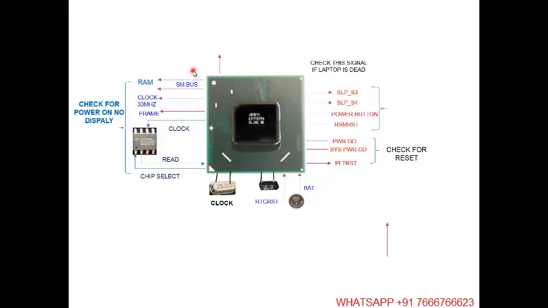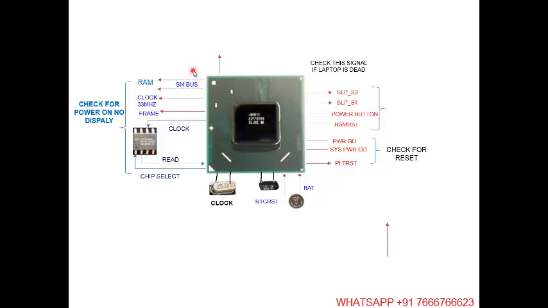That also you check through the oscilloscope. It will not show a frequency. It will show some oscillation, some lines. What it is we can't say, but it will come only at the initial stage. Once you turn on, it will show some spikes. And if those spikes are coming, that means the PCH is okay and trying to communicate with the RAM.